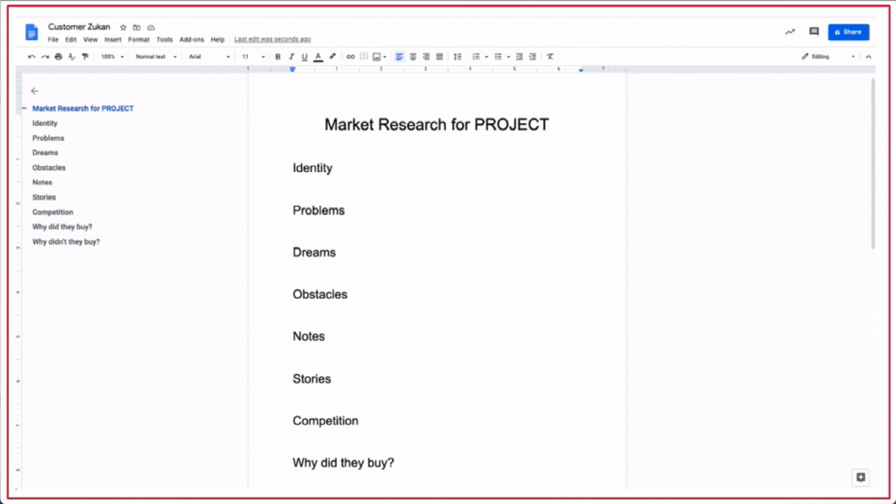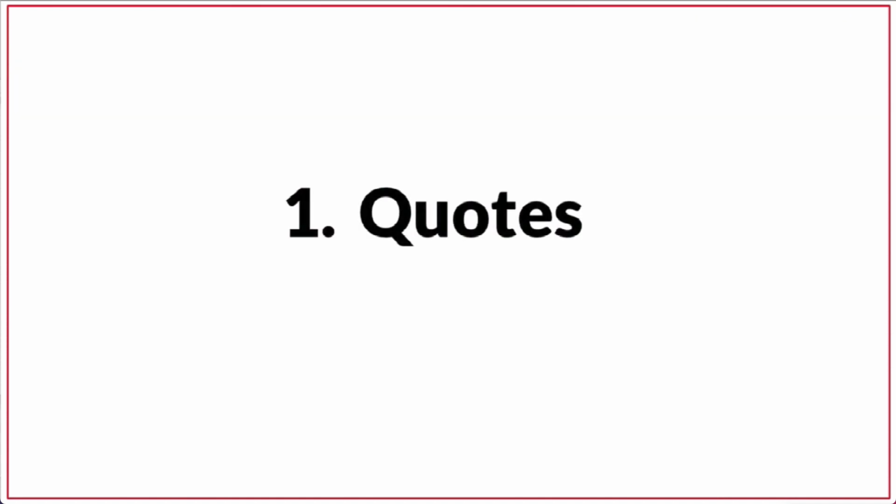And then when I go to fill it out, there are only 2 things I will put into this document. The first is quotes. And by quotes, I mean real, exact words from the market. This is basically a compendium, a Pokédex, a Zukan, full of just actual language I get from the market. The second thing that I put in, far less frequently, are notes.